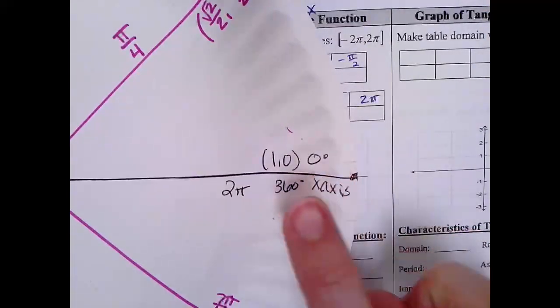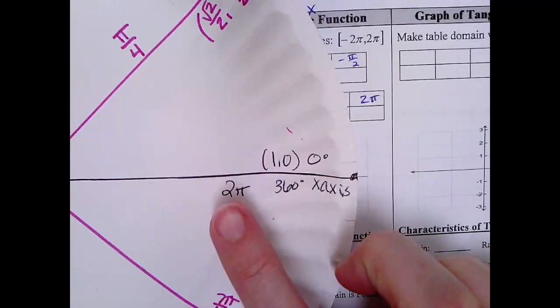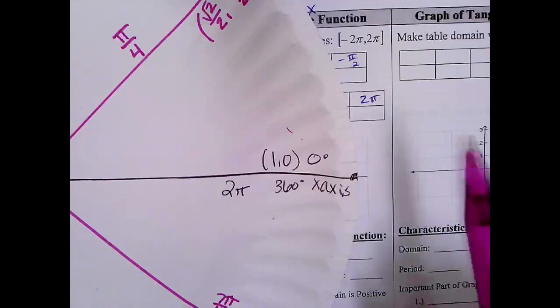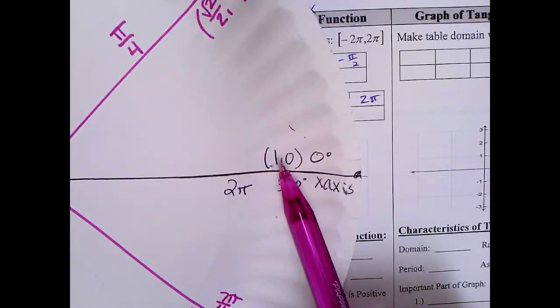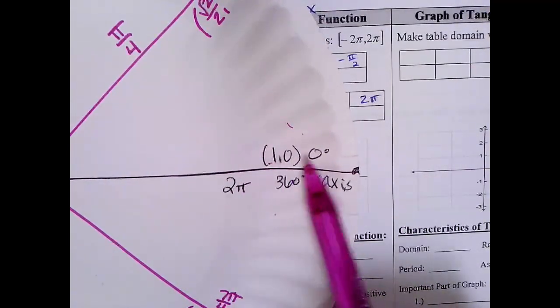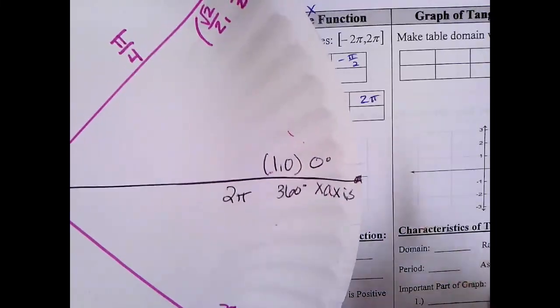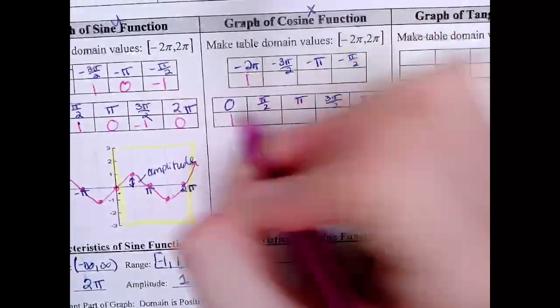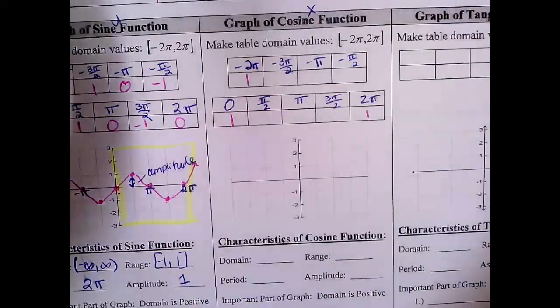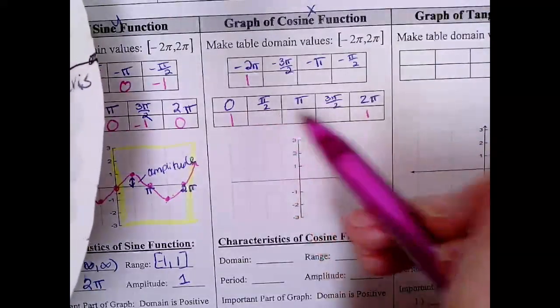Starting at 0 or 2 pi, or remember this is also negative 2 pi, because when you come all the way around, depending on which way you go, what is the y value? It's 1. So at 0, 2 pi, and negative 2 pi, we're going to put 1.